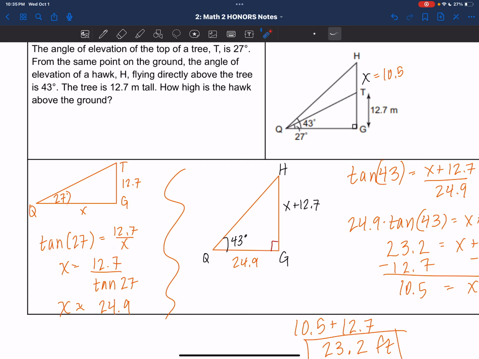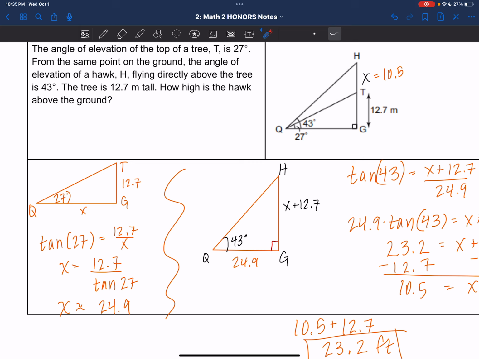And I'm going to get, x, you're technically going to get x times tangent 27 equals 12.7. But then I just skipped a step and I divided both sides by tangent 27. And then you get x by itself, put this into your calculator, and you'll get about 24.9.